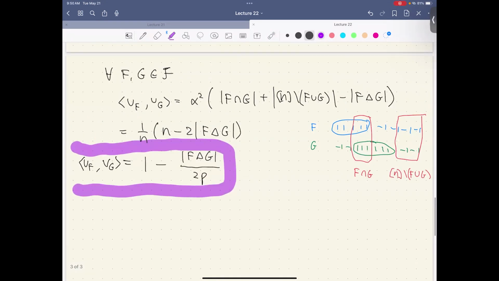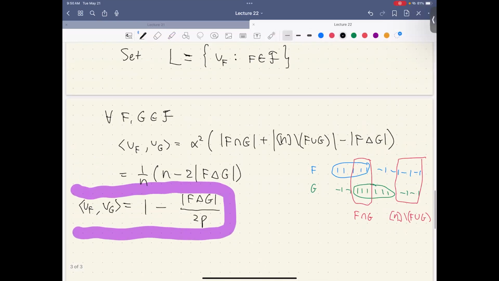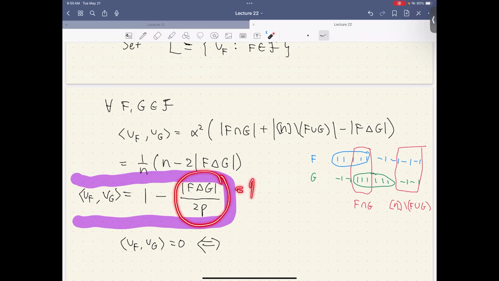Okay, now we will see why we choose this set L. The nice thing about it is that V_F, V_G are orthogonal to each other, meaning their inner product is 0, if and only if this guy is 1, right? That means this is 2p. Let's write it slowly: if and only if the symmetric difference is 2p.